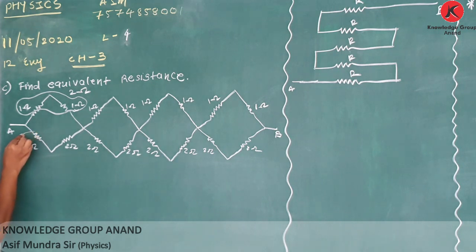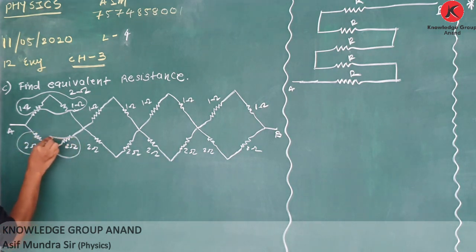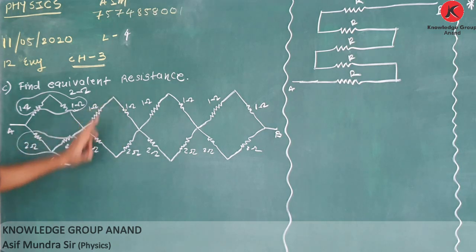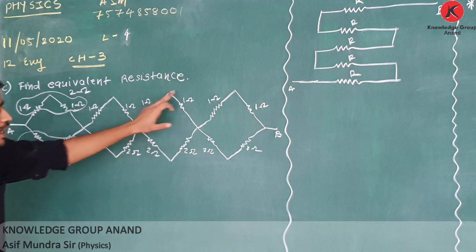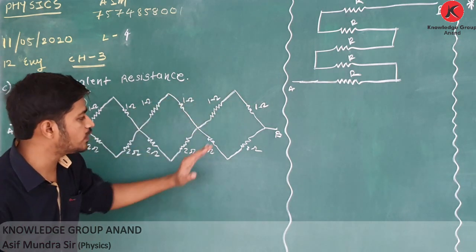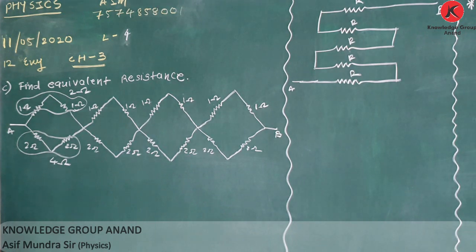Similarly, this 2 ohm and this 2 ohm are in series connection. So what is their equivalent? It is 4. Clear about this? Okay. Similarly, 1 and 1 make 2 ohm, 2 and 2 make 4 ohm. So I can draw another figure like this.